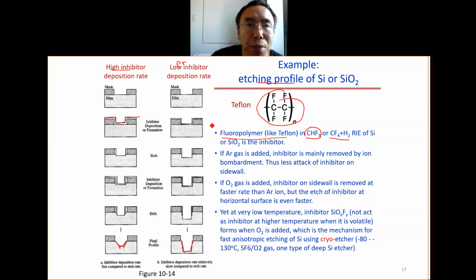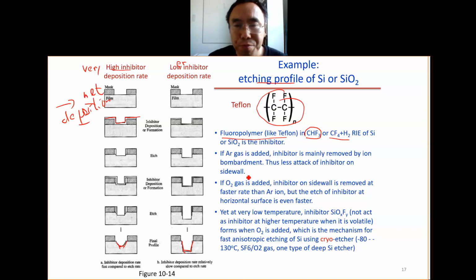So it is a combination between the etching and the inhibition. If the inhibitor deposition rate is very high, then it will become a net deposition, with no etching. So here is the passivation.